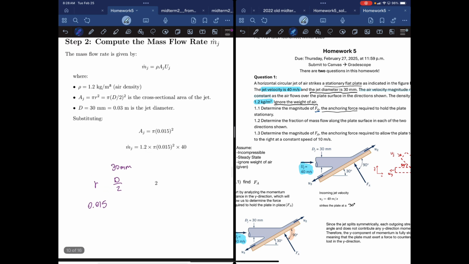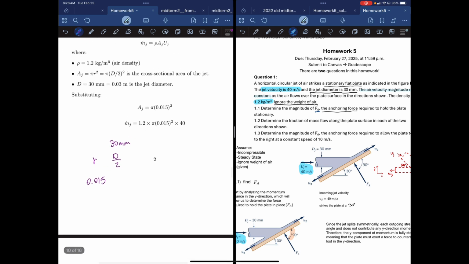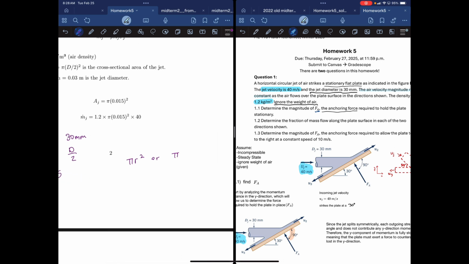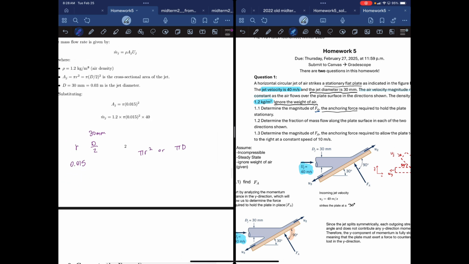If you see the professor's solution and get confused, that's why. So the area would be pi r squared, or pi d over 2 squared.